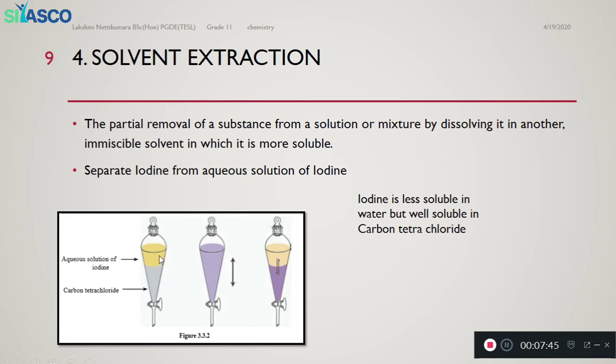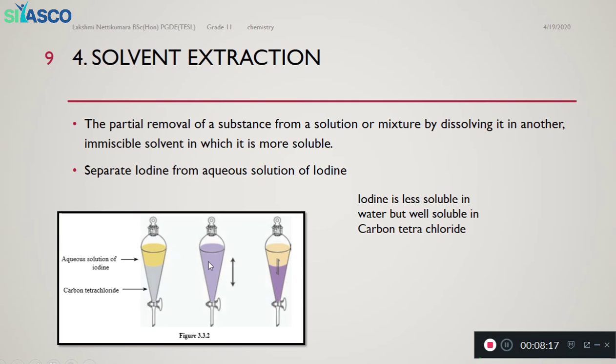Then we have to put in a carbon tetrachloride solution and then add the aqueous iodine solution to this separating funnel. When we shake it well, you can observe later on what will happen. Iodine in carbon tetrachloride, you know, is purple in color. Earlier, when it was dissolved in water, it is not purple, it's a hay color.